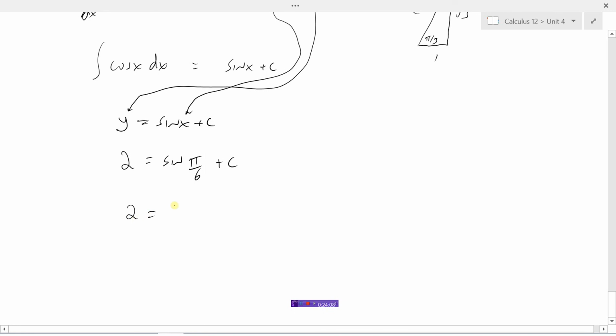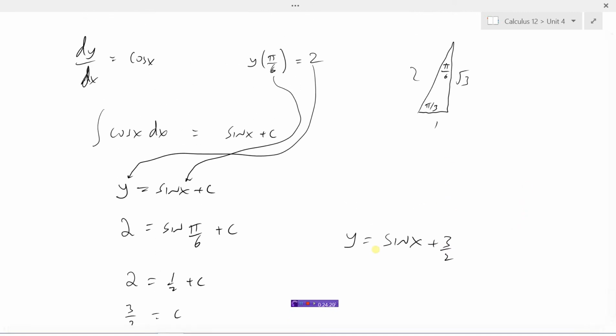So 2 equals 1/2 plus c, and then subtracting 1/2 from both sides gives us 1.5, or 3 over 2. So we can say that the function would be y equals sine x plus 3 over 2. That would be the original function, ensuring that it went through that point on our integral curves.